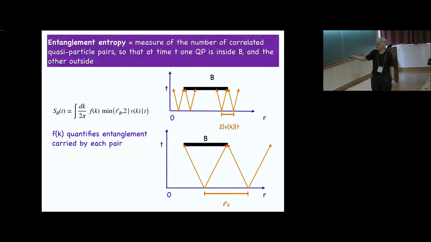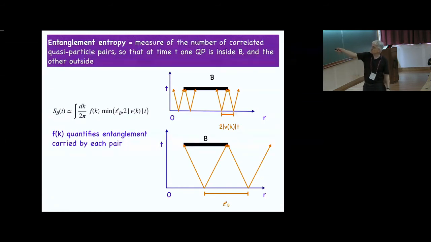At late times, you basically see that only quasiparticle pairs in some spatial region of the same linear size as B can contribute, because outside they just miss your spatial region. That tells you that the entanglement entropy of subsystem B with the rest of the system at time t should be an integral over all momenta. You have to do this because group velocity depends on the momentum, so you have to integrate over all possible group velocities of the quasiparticle pairs.